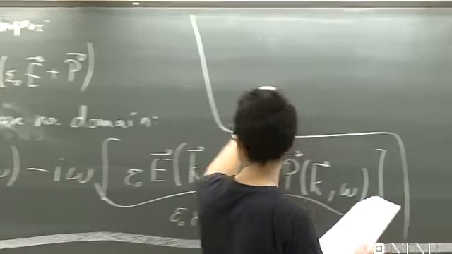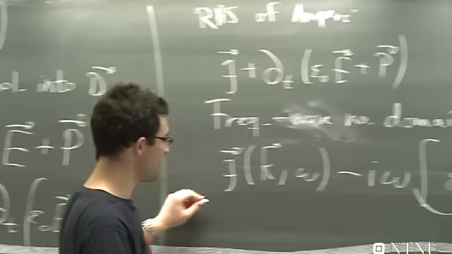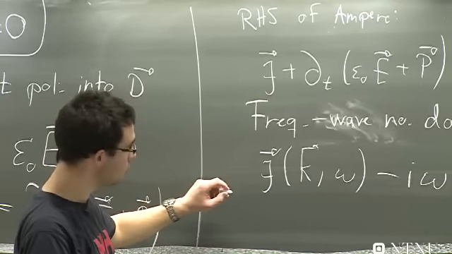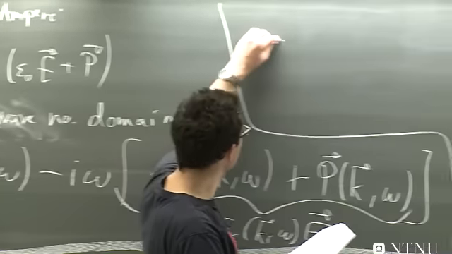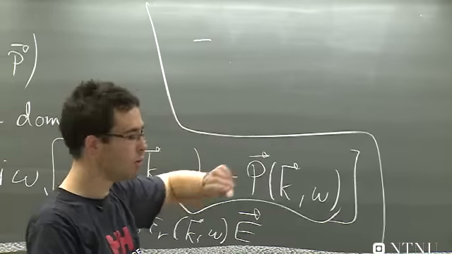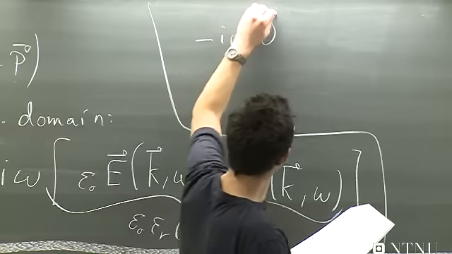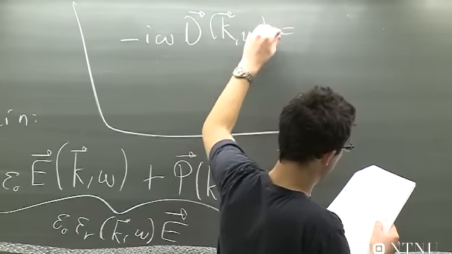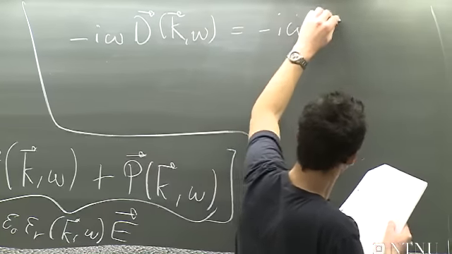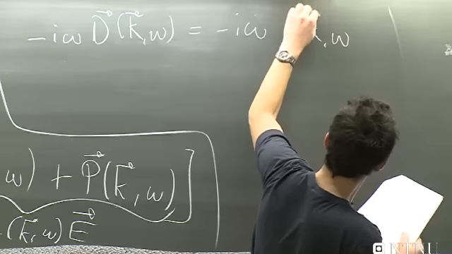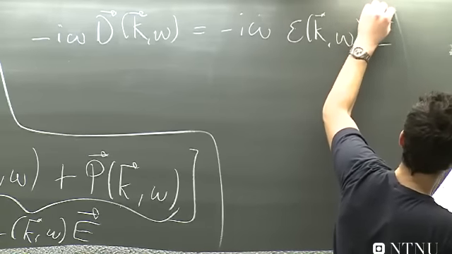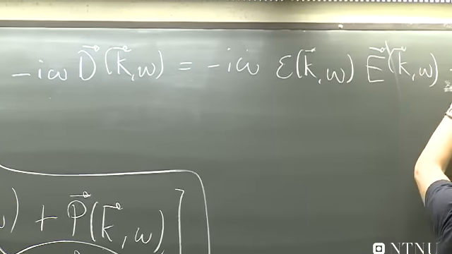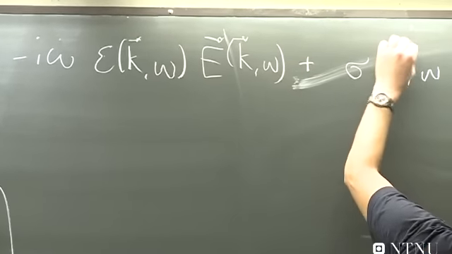So the time derivative of the D field in the frequency domain turns into the following: minus i omega D of k omega equals minus i omega epsilon of k omega E of k omega, plus sigma E. There's a lot of k omegas today.